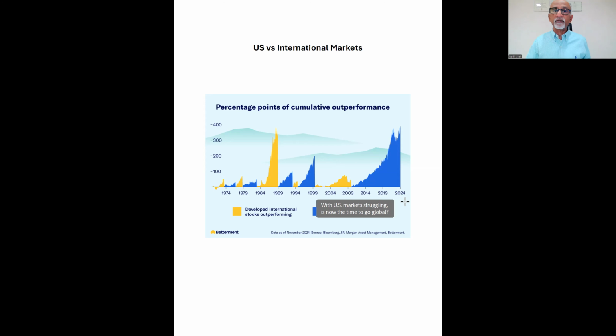We will look at it in the next slide: overvaluation is directly related to future returns, and undervaluation is also related to future expected returns.